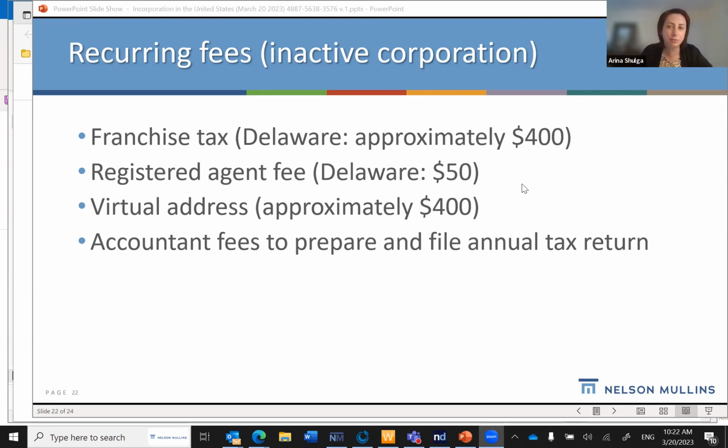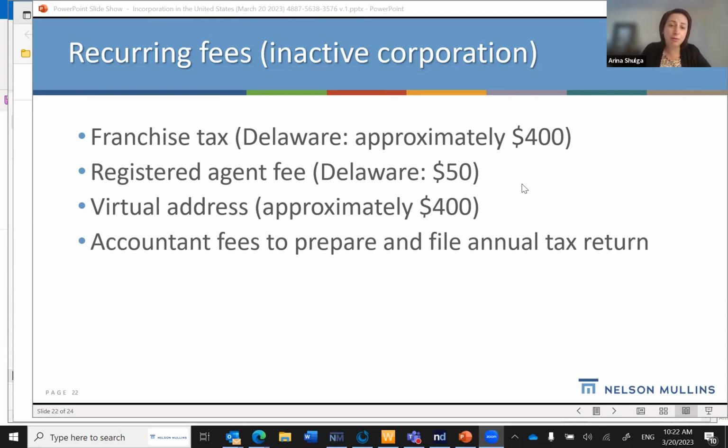And let's say it's going to be approximately $400. That's assuming you have an active company and you have, let's say, 10 million shares authorized. Then once a year, you renew your registered agent subscription, right? So it's 50. You will have a virtual address that can forward you mail, about 400. And then you will be working with an accountant to file an annual tax return, so maybe do some minimal bookkeeping.